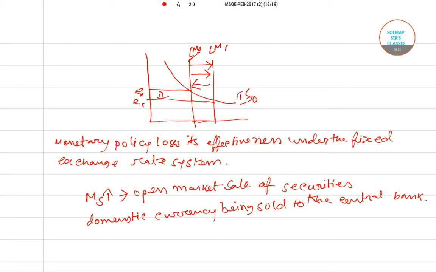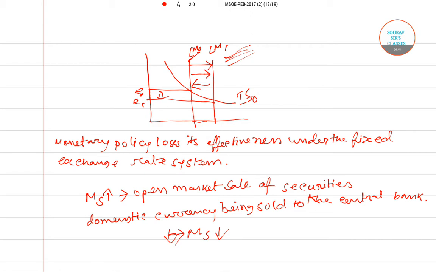This will cause the money supply to fall. So as a result, the money supply curve, or the LM curve, will get back to the leftward. So we conclude that monetary policy becomes ineffective in case of fixed exchange rate system.